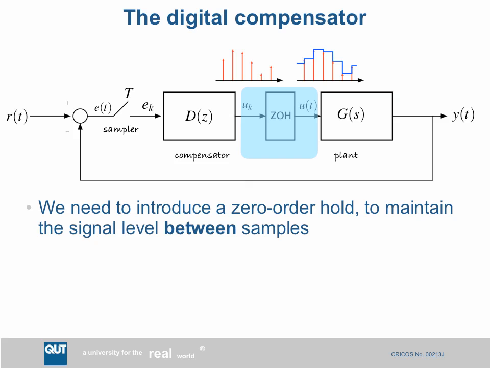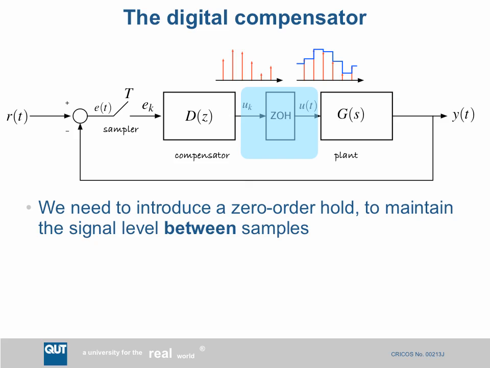When I say continuous, I'm using that in a loose sort of way because the signal is discontinuous in terms of its derivatives. It's got very sharp vertical edges in it, but it is defined for all time, whereas the sequence of numbers is only defined at certain times. So the zero-order hold maintains the signal level between the samples.